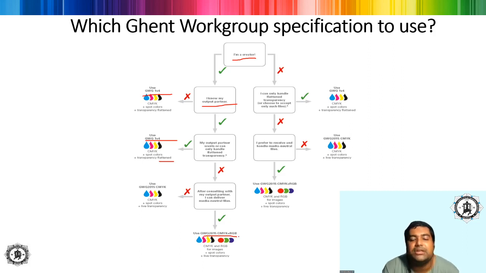This is a specification which allows the use of both CMYK as well as RGB elements in your file. But if your partner cannot handle RGB elements within your artwork or within your file, then you have to use GWG 2015 CMYK profile only, or specification only, during exporting that file.